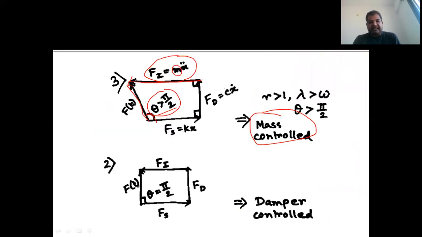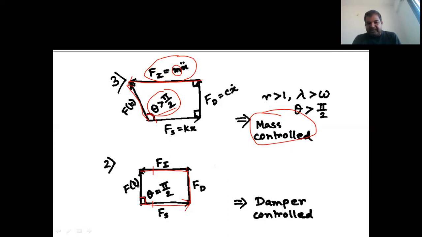Similarly, if I take my second case, I plot Fs with some scale, then Fd, which is perpendicular to this, and Fi, which is like this. To make theta equal to pi by 2, I need to put this and this equal. So this is my f of t and this is exactly equal to pi by 2.